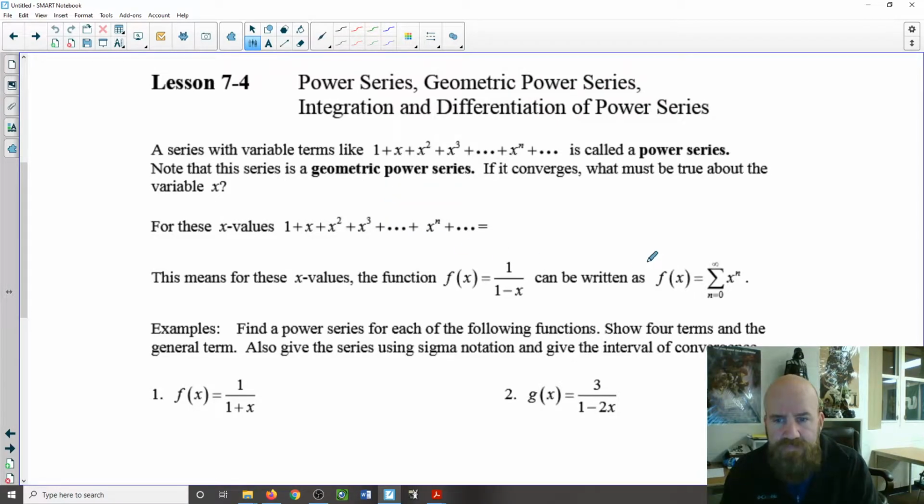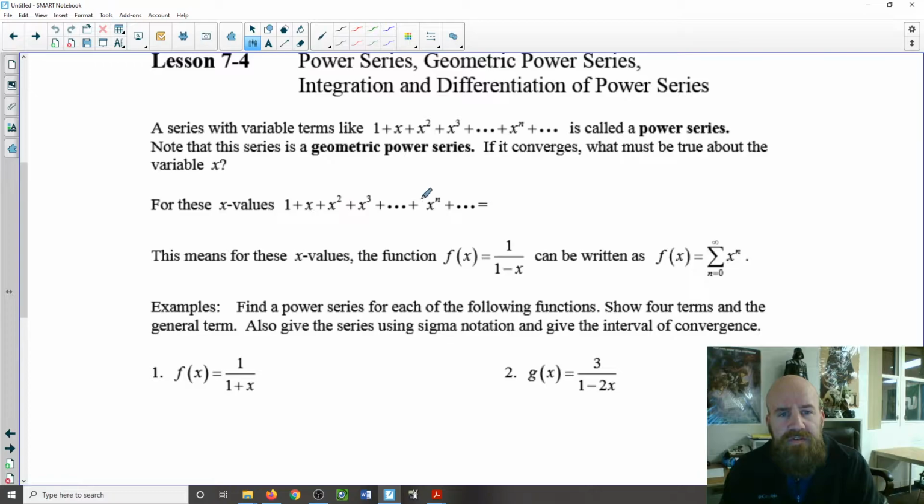This infinite polynomial we just talked about, we could say is defined by the function 1 over 1 minus x, and we can write it as a power series. So we can write an infinite polynomial as a series. That's what we're going to be doing.